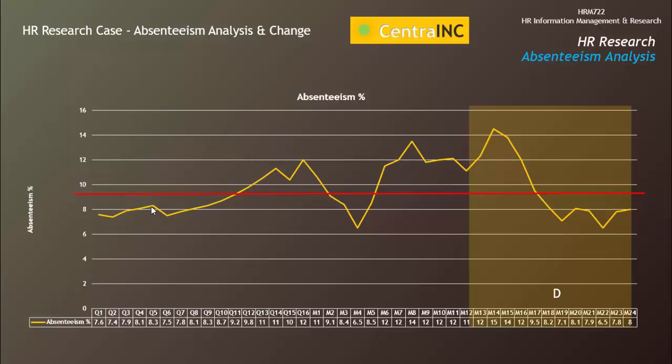How do I explain these peaks? See these ups and downs, these peaks and these valleys, these points up and down. How do I explain those? There's something there. Can I predict a pattern? A cyclical thing. So if I can do that, I can control it going forward. And we'll probably talk about the control group method as well. Just a little extra for the HR research world, which I think will help you.